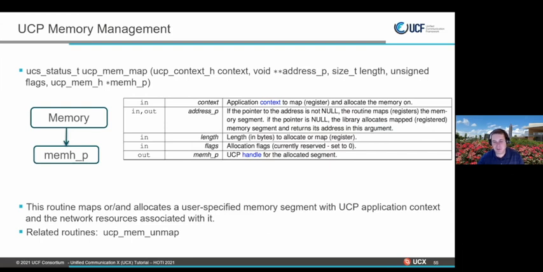As you might expect, you pass the length or the size of that buffer, any flags, and then what you get out is this memh_p handle. Then, as with any type of managed malloc, like cudaMalloc, you also have a related routine to actually unmap and destroy that buffer.